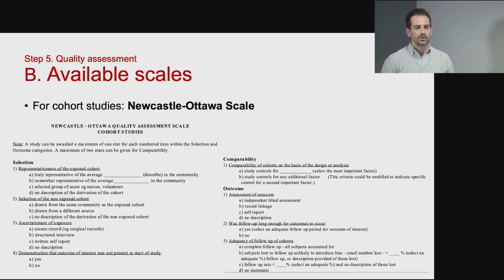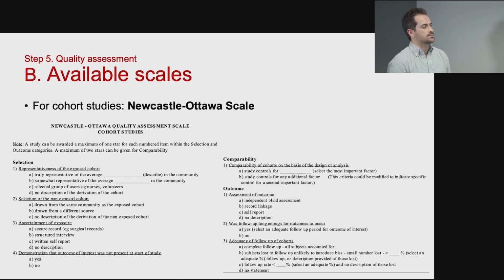For example, we used observational studies, and we relied on the Newcastle-Ottawa scale, which is largely used. There are different items that help you to evaluate the quality of observational cohort studies. For example, we evaluate three components: the selection of the participants, the comparability between the exposed and unexposed, and outcomes.